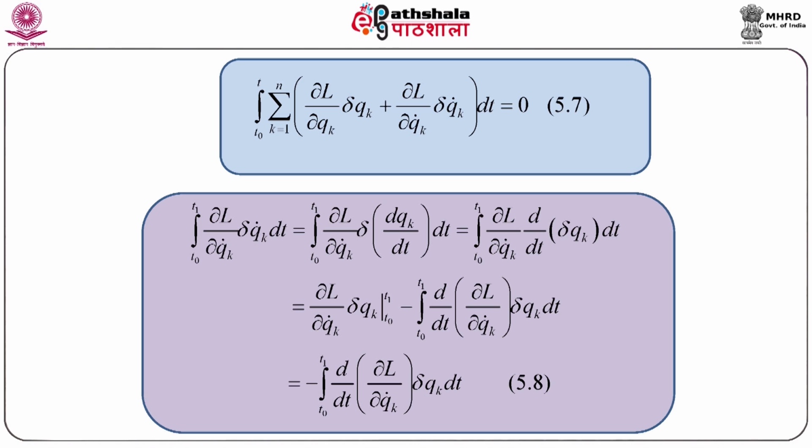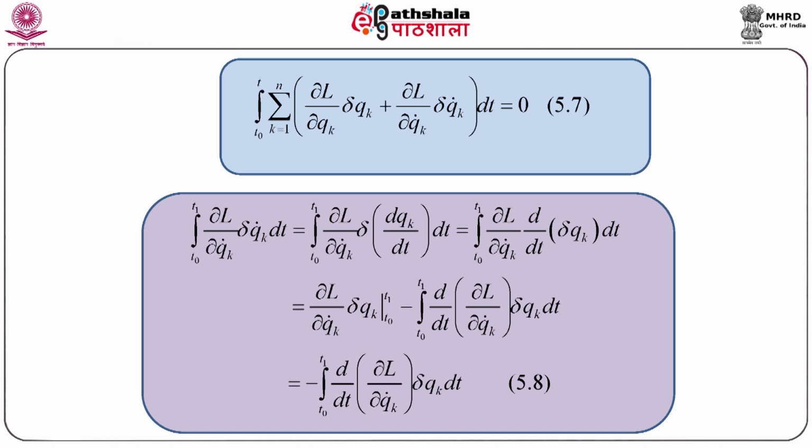On simplification, we get integration t0 to t1 of del L del qk dot delta qk dot dt equal to minus integration t0 to t1 of d/dt of del L del qk dot delta qk dt.